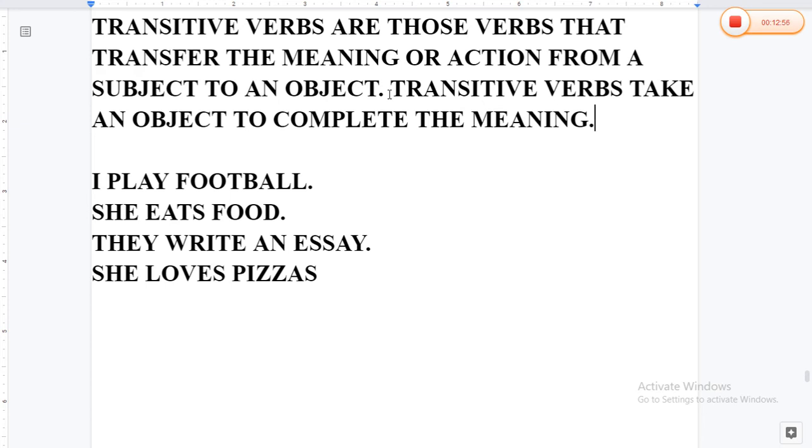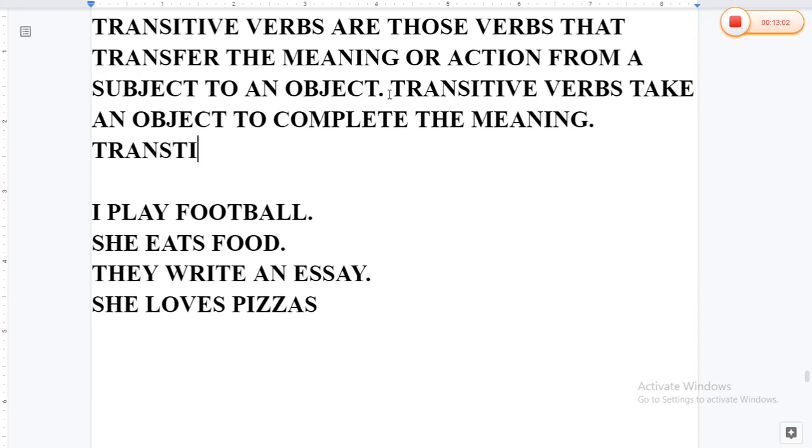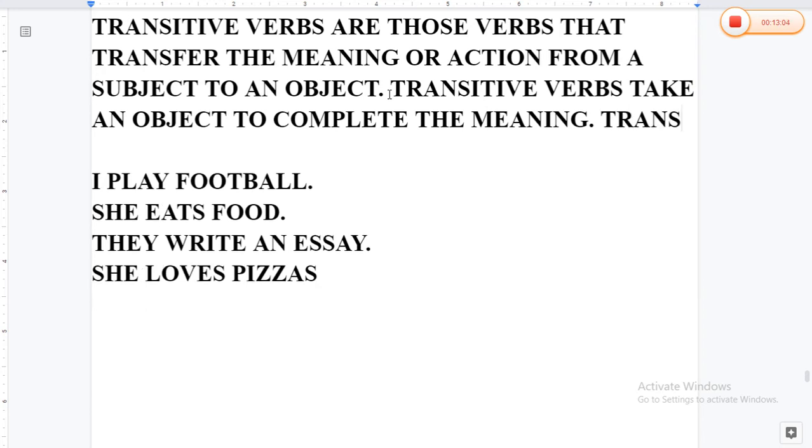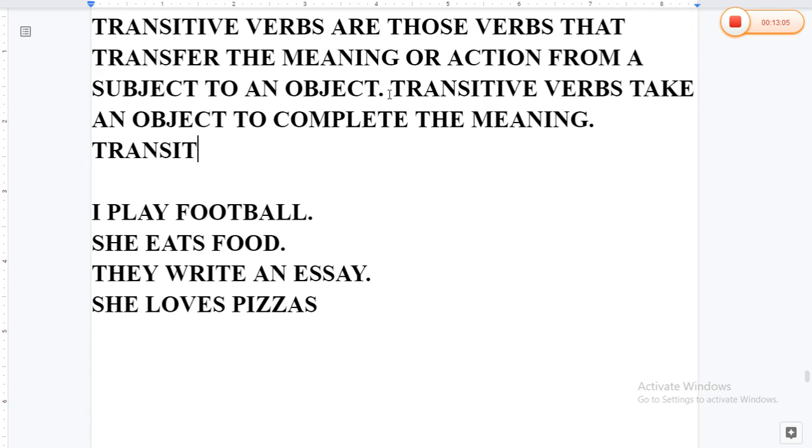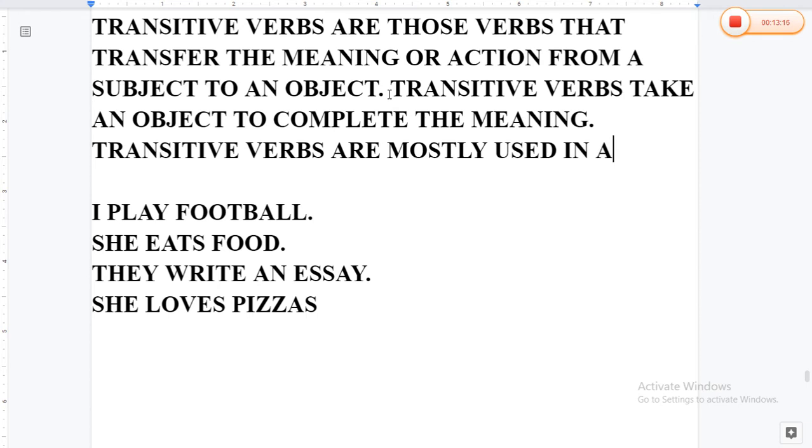Transitive verbs are mostly used in active voice statements.